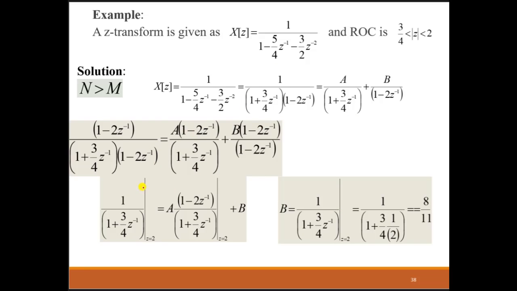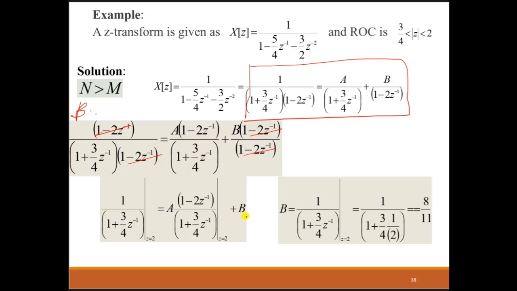Okay, so this is for B. Okay, so kita tengok this bahagian ni saja. Okay, so for this part, you multiply all this with the denominator of B. So bila you dah multiply, okay, so you can cross this and you can cross this.